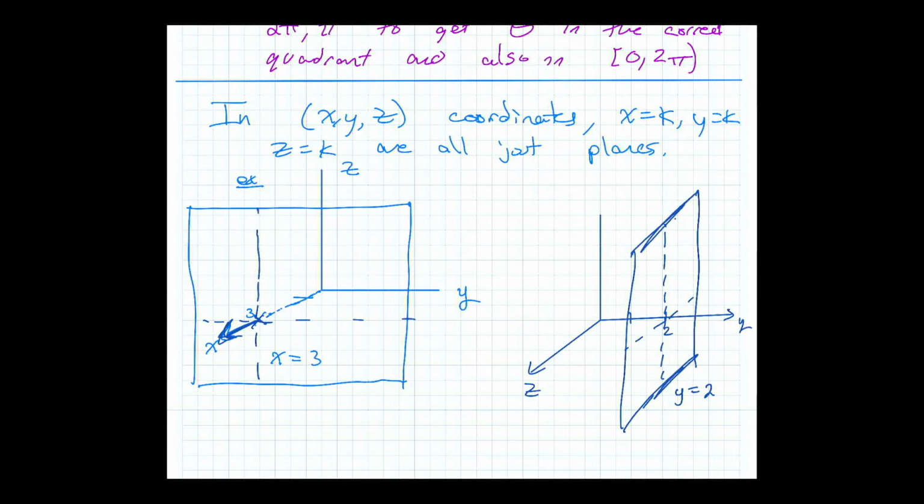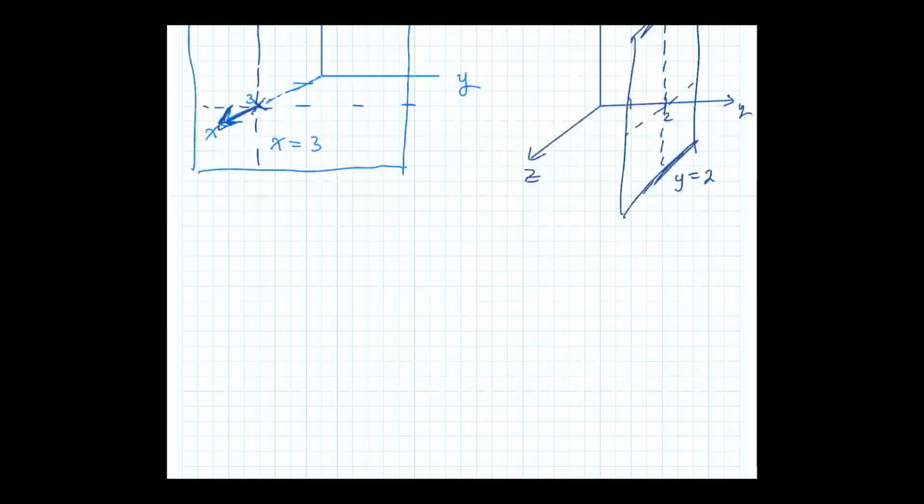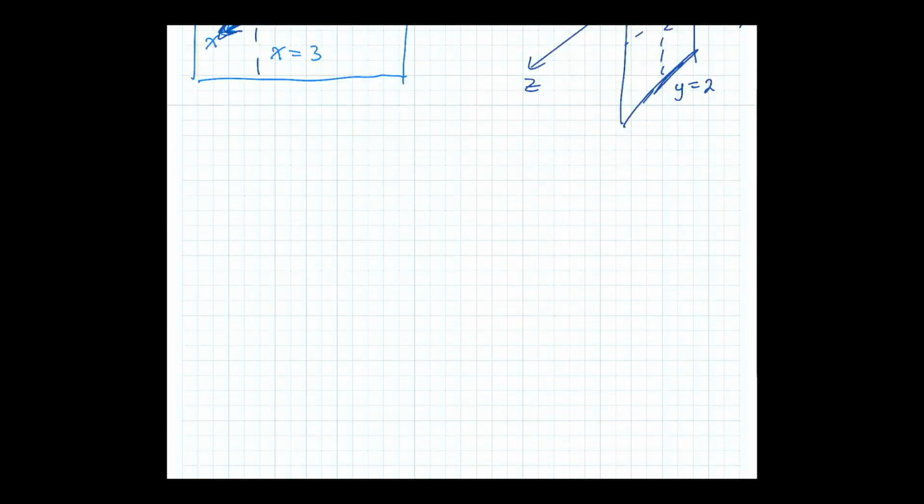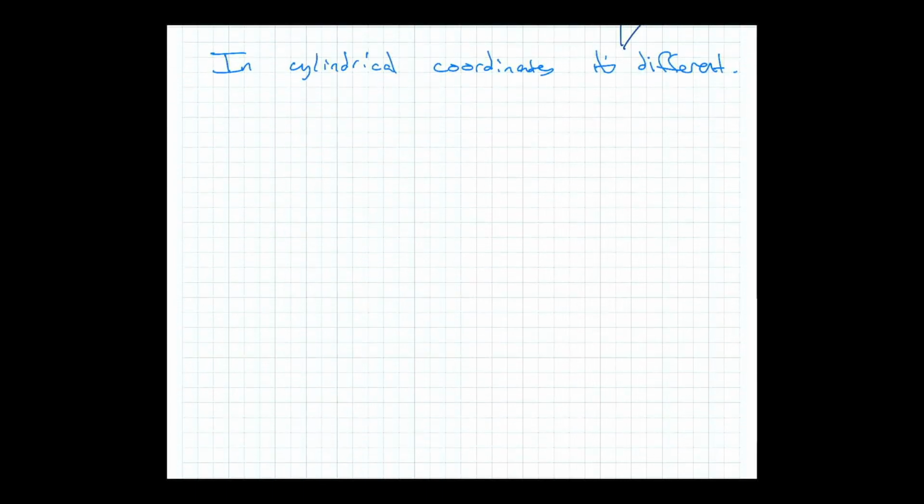Okay, but what are those same sorts of things for cylindrical coordinates? It's different. Okay, so specifically, the way it's different is, what if you have r equals some constant k, right?